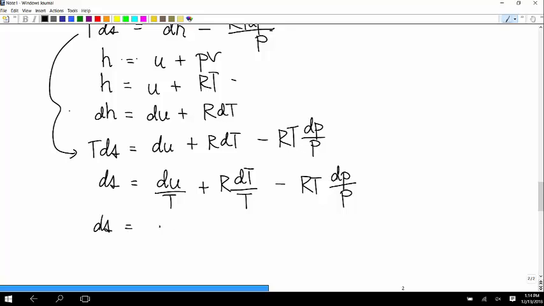So that's Cv dT over T plus R dT over T minus R dP over P. Yep, that's good.